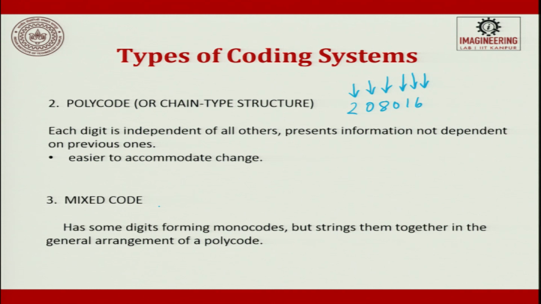A mixed code has some digits formed as polycode but strings them together in the general arrangement of a monocode. Okay. So, we saw three: monocode, polycode and mixed code.